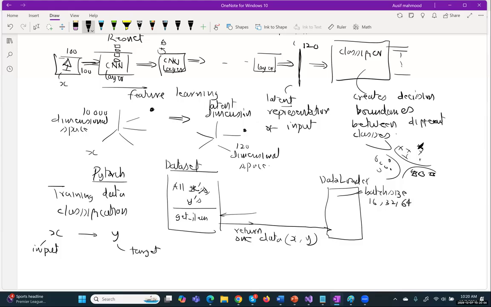This means our data loader will keep calling the dataset's get item to obtain one item at a time. Once it has obtained, for example, 32 if the batch size is 32, the 32 X's and the corresponding Y's can be given to our training code.